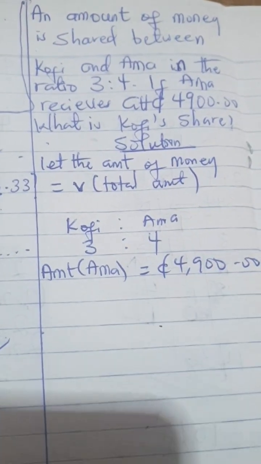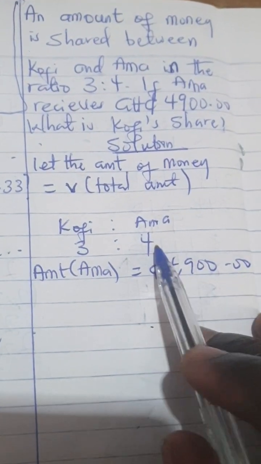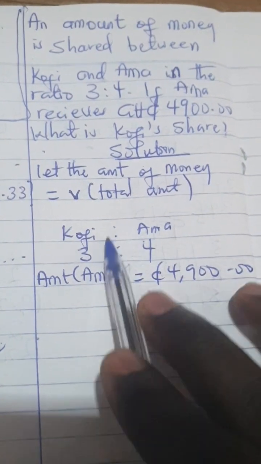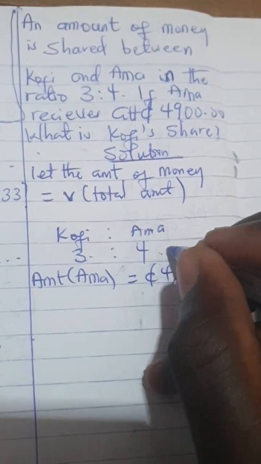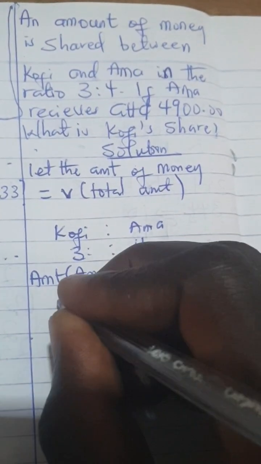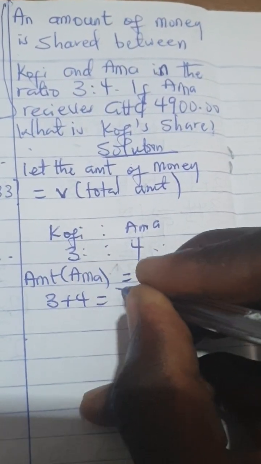Now, from ratio and proportion, if you have to calculate the share for Amma, first of all we add the two ratios, 3 plus 4, which is 7.